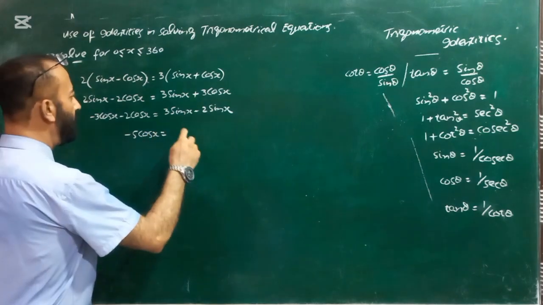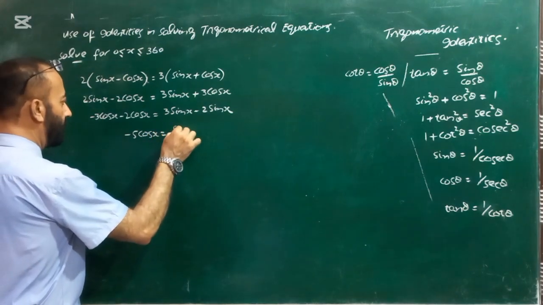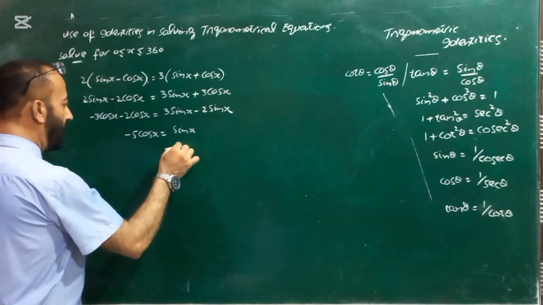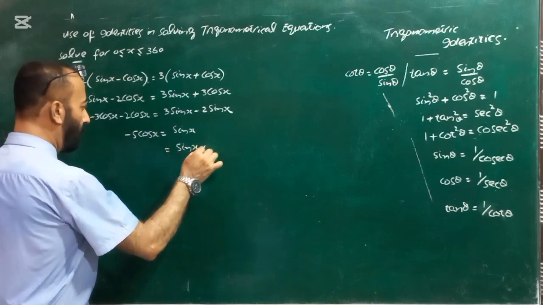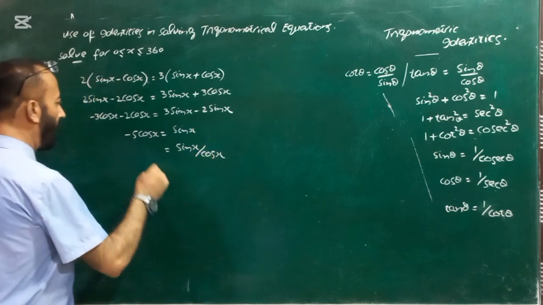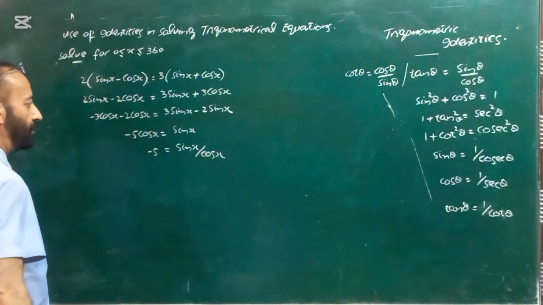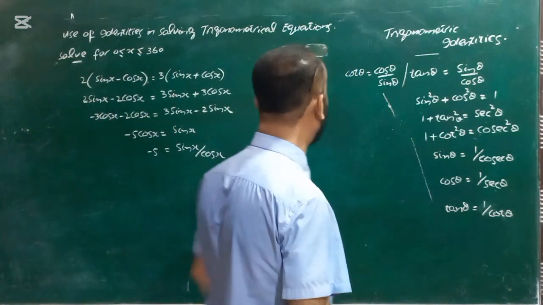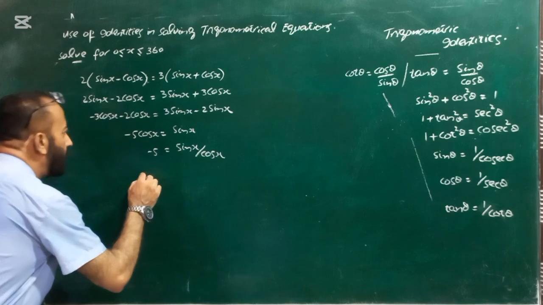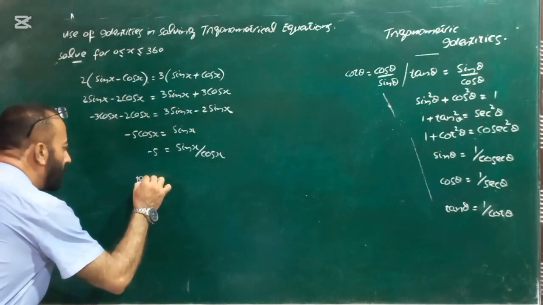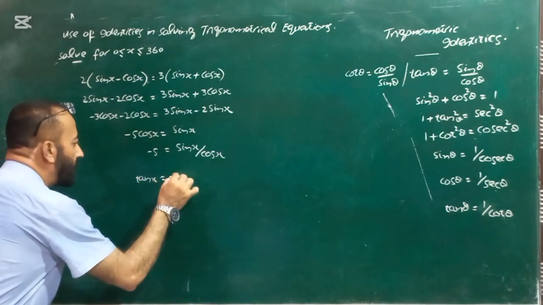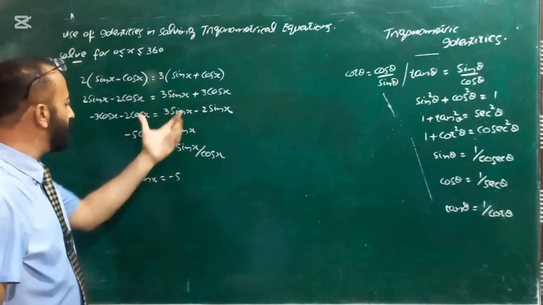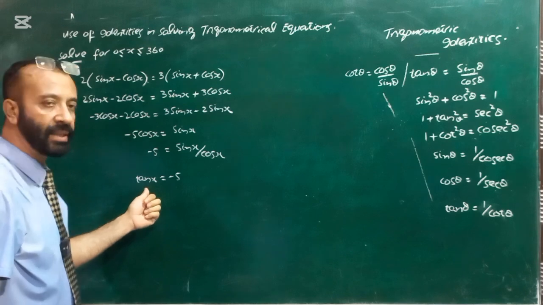And on right hand side, we have a 1 sin x. So in the next step, this cos x will go to the right hand side. So sin x over cos x. On the left hand side, we have now 5. And sin x over cos x, you know, that is equal to tan x. So tan x is equal to minus 5. So the two different trigonometrical ratios have been converted into single one.